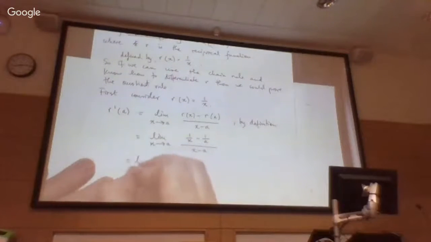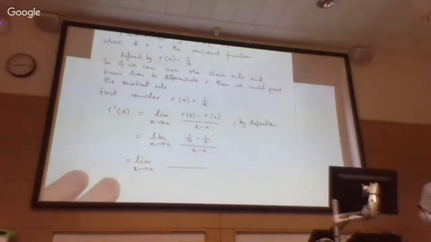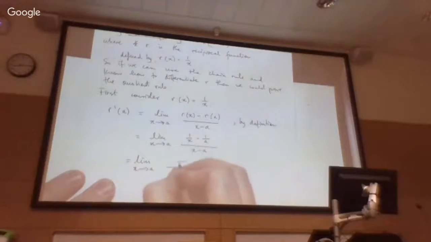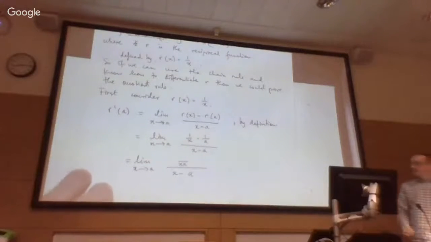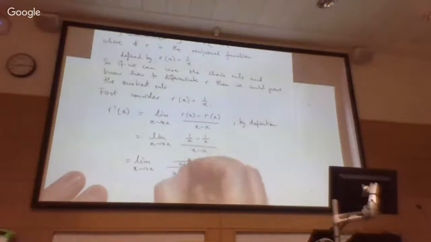And the way to see that is to simply add together those two fractions on the top. So how do you add together 1 over x and 1 over a? Well, you need to put it over a common denominator, which is going to be x times a. Still got x minus a on the bottom. You put that over the common denominator, x times a, and you'll have a minus x.